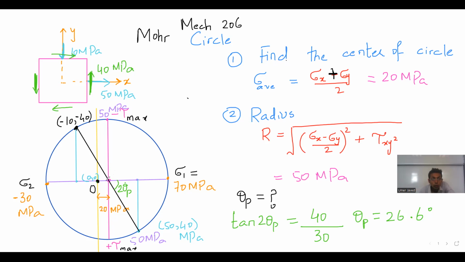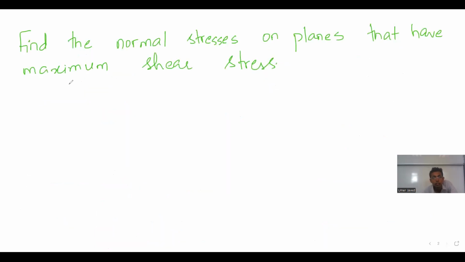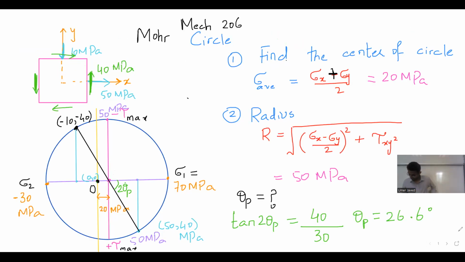So this is your origin. What is the distance? 20 megapascal. What did I write here? 20. Yeah. So right here, 20 megapascal. That's the normal stress at the maximum shear stress.